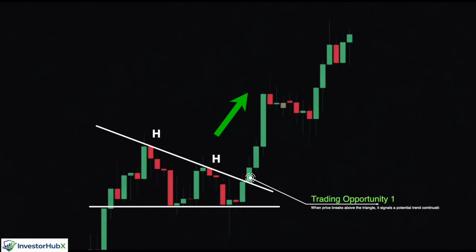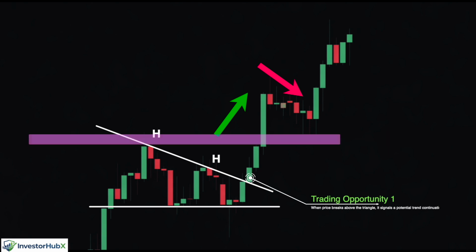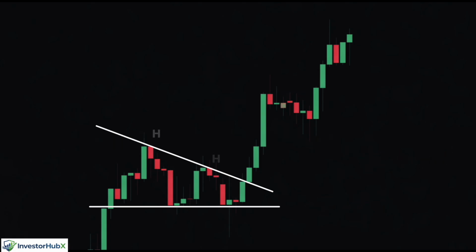After the breakout, price often pulls back to retest the previous resistance level, which was the highest point of the triangle. At this stage, you want to observe the price action. If you see multiple candles with long lower wicks, it suggests strong buying pressure. This creates another high probability trading opportunity.